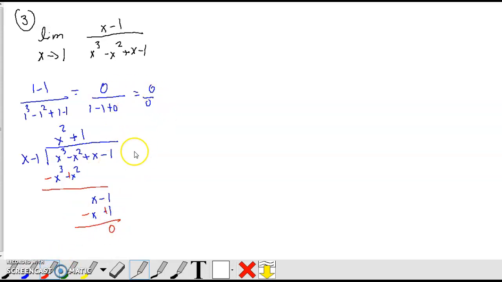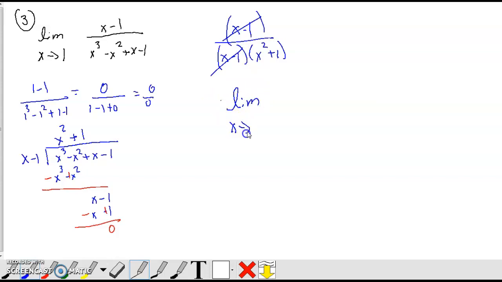Yay! So in reality, when we rewrite this problem, this is really x minus 1 over x minus 1 times x squared plus 1. What's going to happen? Those are going to cancel away. So this is really saying the limit as x approaches 1 of 1 over x squared plus 1.